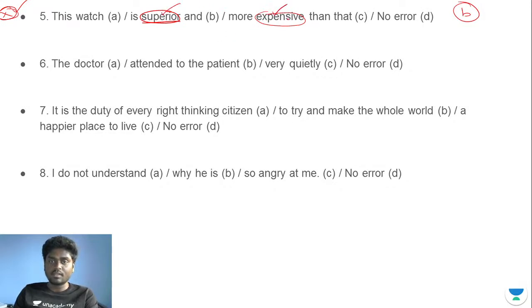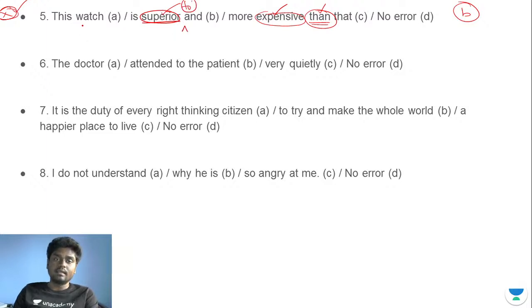If you see this, the preposition for expensive is than, right? For the adjective expensive, you have the preposition than, but for the adjective superior, you don't have a preposition, and it is mandatory that both the prepositions must be used in this sentence. So if I want to put a perfect preposition for the adjective superior, I would put to.